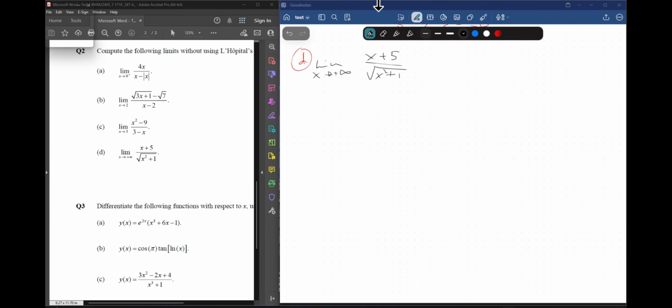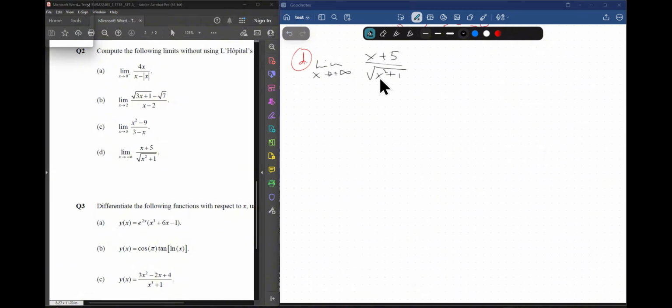Question part D, what is the limit of x plus 5 over square root of x squared plus 1 as x approaches positive infinity? For problems with limits at infinity, we can simplify the problem by dividing by the highest power of the variable, in this case x. The highest power looks like x squared, but the x squared in the denominator is under the square root sign.